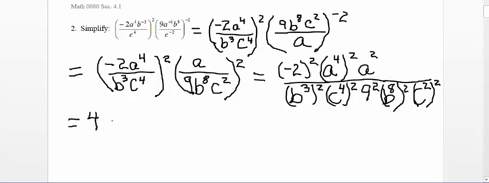Okay, so now when I square a negative 2, I get a positive 4. Negative 2 times negative 2 is positive 4.